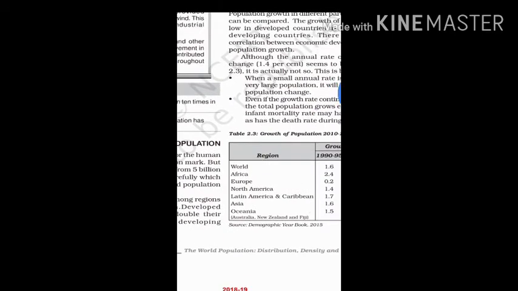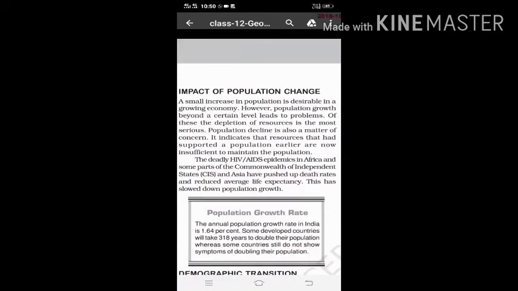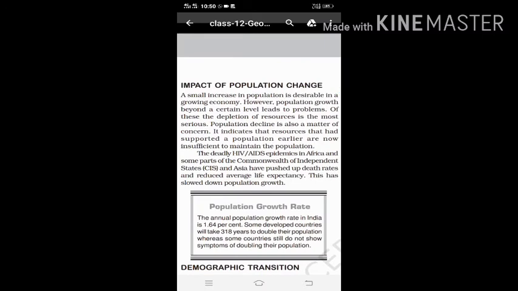So now let's come to impact of population change. See, if in one area the population increases, then there may be some problems, because if in one area population increases and makes crowd, then the resources like water would be low, means people would feel the shortage of water, because as population increases the demand for water also increases.